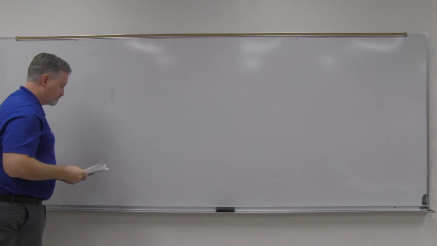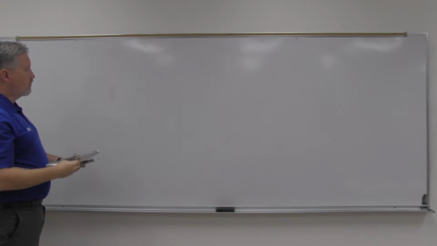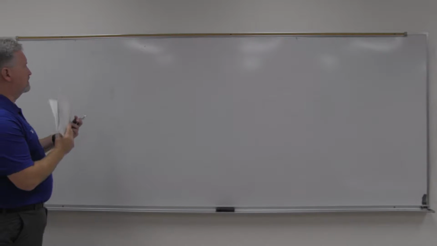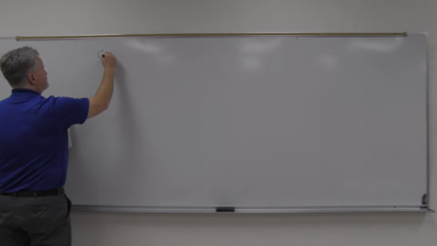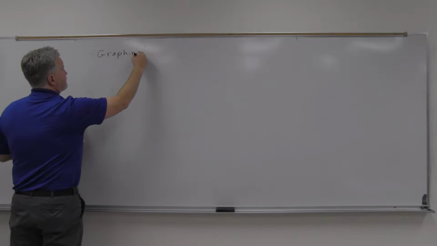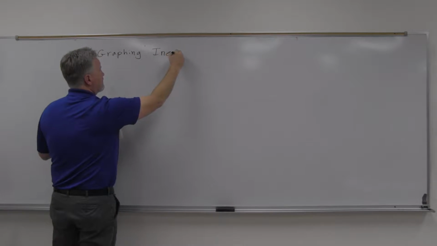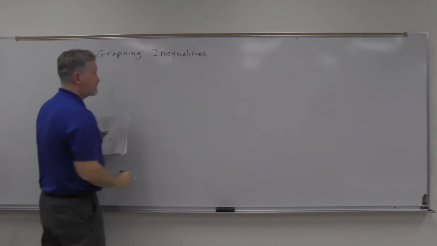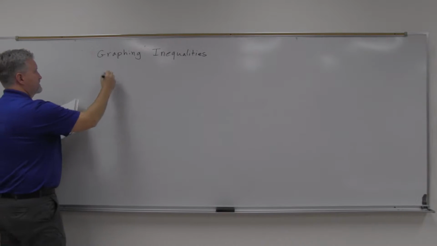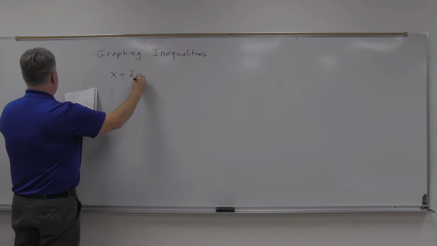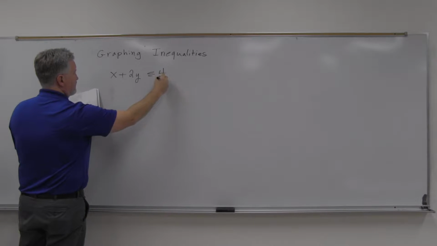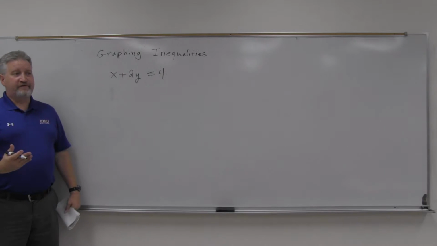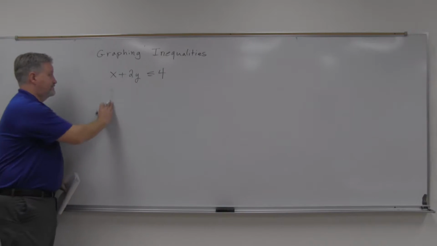another matter, that is inequalities. And graphing, first of all, we'll graph some inequalities. Review that a little bit. When we throw in an inequality to the mix here, like x plus 2y is less than or equal to 4, that adds a lot to this as far as solutions go.